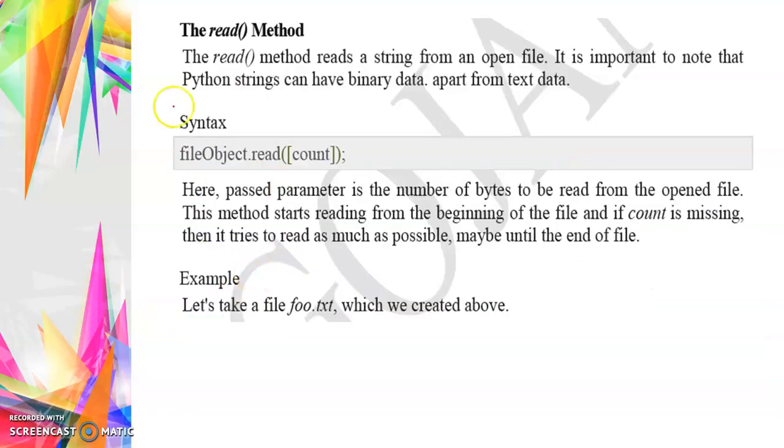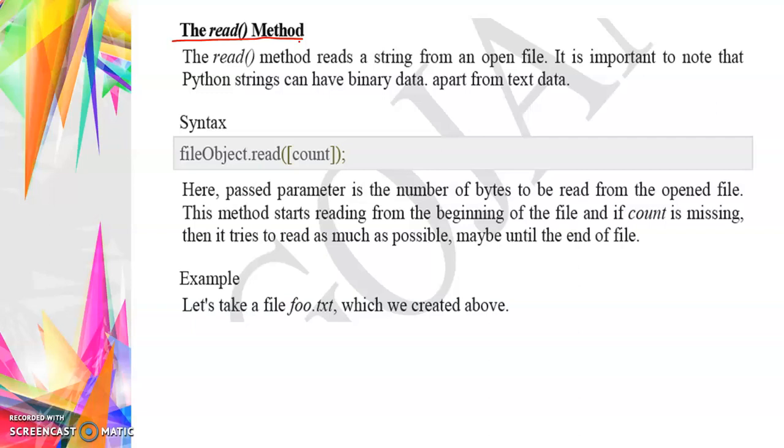Next, the read method. In the previous slide we discussed the write method, how to write content in a particular file. Now we are going to use the read method to read the content from the opened file foo.txt.